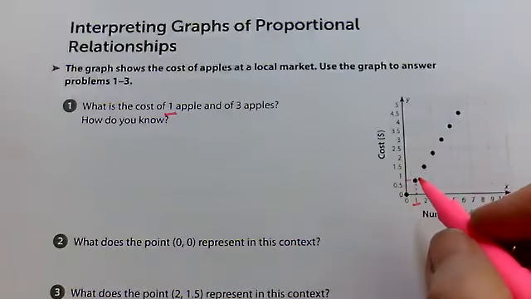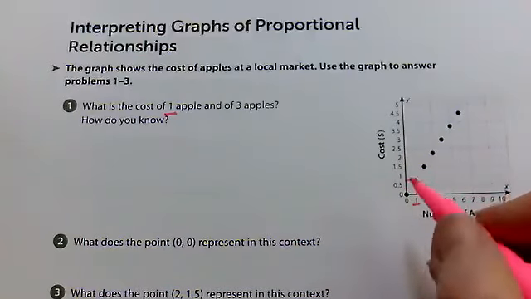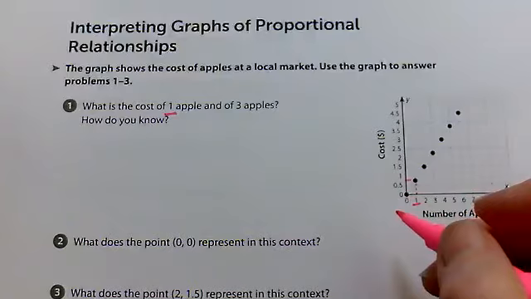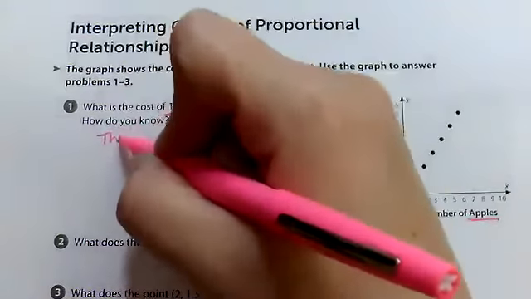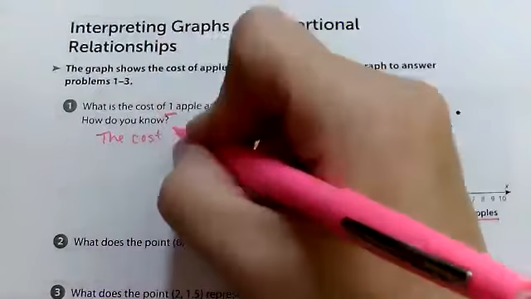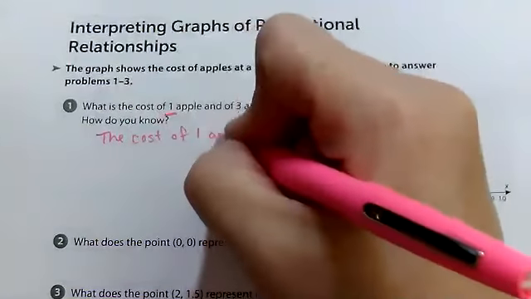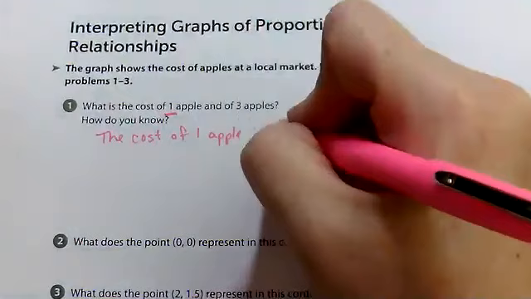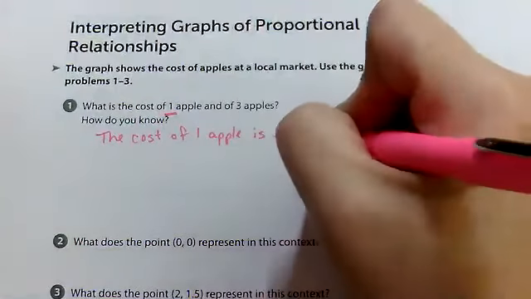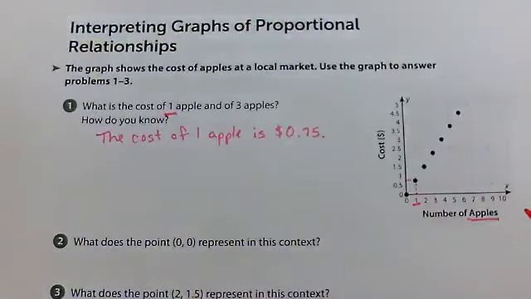I'm going to have to do a little bit of guesswork here. To me, it looks like it might be halfway between. So I'm going to say the cost of 1 apple is, I'm going to say 75 cents. It's a pretty good estimate, right? I mean, it's between 50 cents and $1.